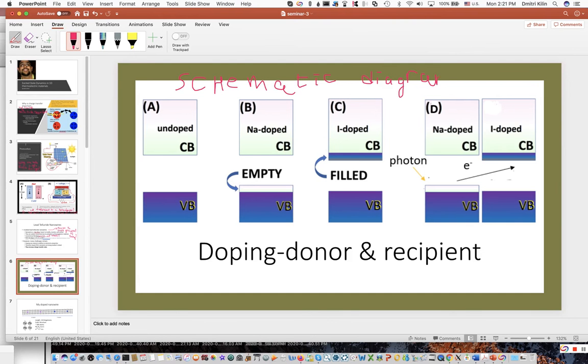For panel C, the conduction band is filled, so an electron is being added to the conduction band. Here in panel B, you have a photon exciting an electron in the valence band, and then that electron travels to the conduction band of iodine. So that's how the doping process works.